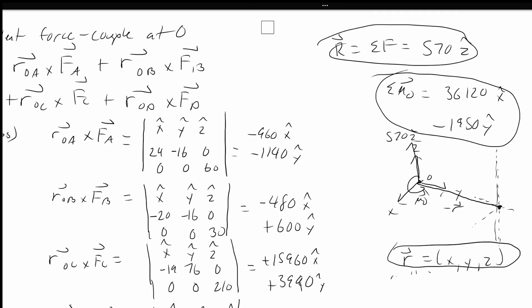So what that means is that the sum of the moments around this point is going to be equal to minus R cross F plus M naught. And because this is along the line of action, that's going to be equal to 0. And so what that gives us is that R cross F plus M naught is equal to 0, or no, duh, R cross F positive is equal to M naught, which I think is just an equation in the book, but I always just rederive it whenever I need to think about it.